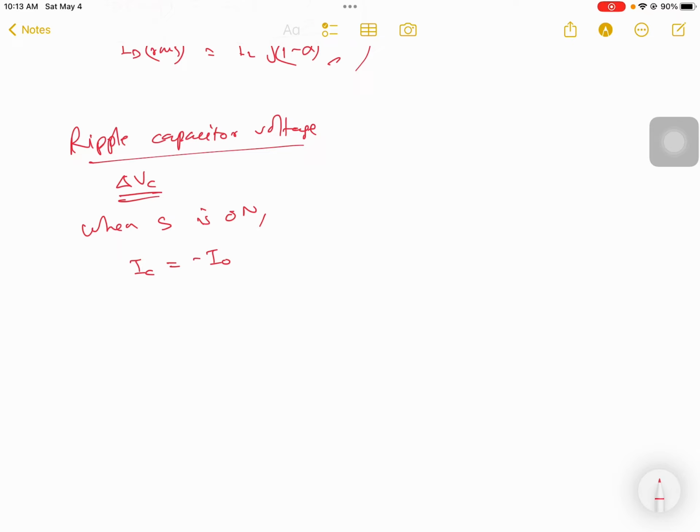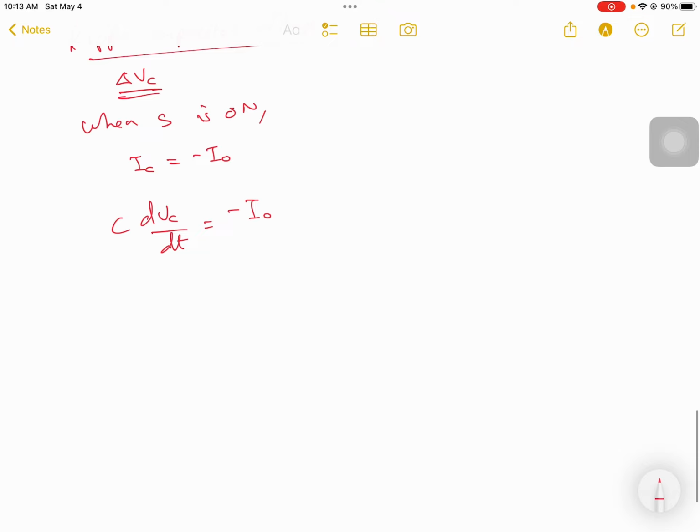So IC is related like that: C dVc by dt is equal to negative of I naught, and then dVc is equal to minus I naught by C times dt. We have to integrate to get the value of the ripple voltage, the capacitor voltage.